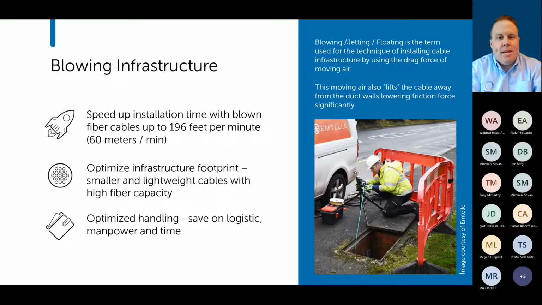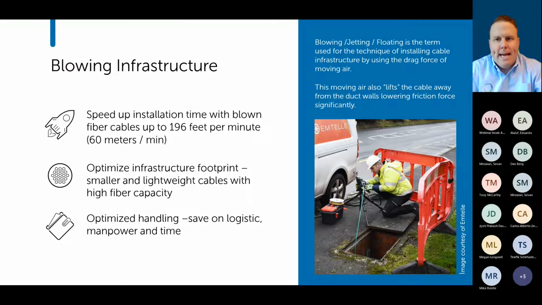So you can see speeds of anywhere up to 196 feet per minute, right? And there's a lot of different factors, and we'll go into some of those that can affect the speed. But generally speaking, 196 feet per minute on the install compared to a traditional cable and duct setup, you're going to be somewhere between 50 to 100 feet if you're pulling the cable through the duct.